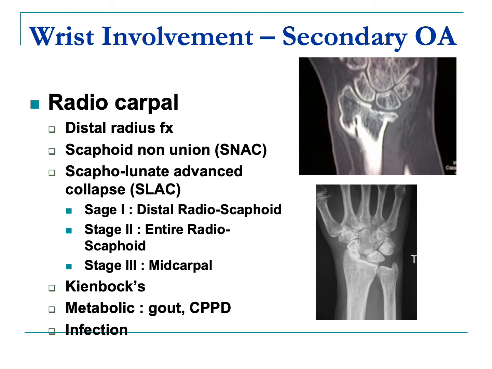And when we evaluate patients who have either the SNAC or the SLAC wrist, we need to be careful in determining whether or not the arthritis affects only the radiocarpal joint or whether it affects the midcarpal joint. The staging is important because it leads to an understanding of appropriate treatment. Kienbock's disease, gout, calcium pyrophosphate disease, and infection are other reasons for producing secondary arthritis of the radiocarpal joint.